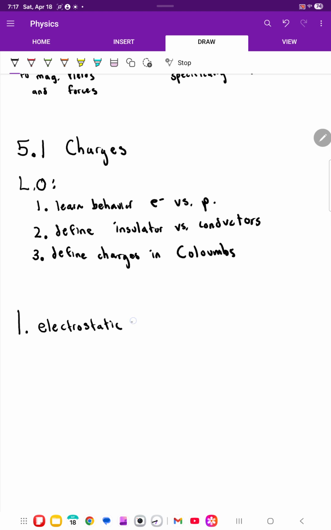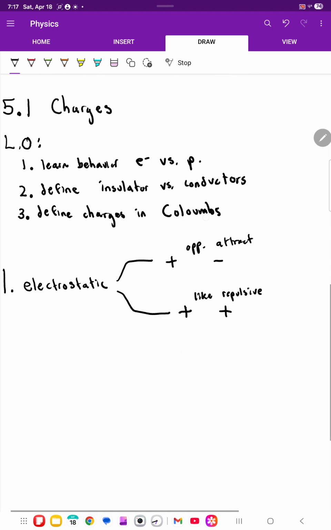We could have a positive charge or a negative charge. When they're opposite, they attract. However, when they are similar, like plus plus, they repel, so they move away.